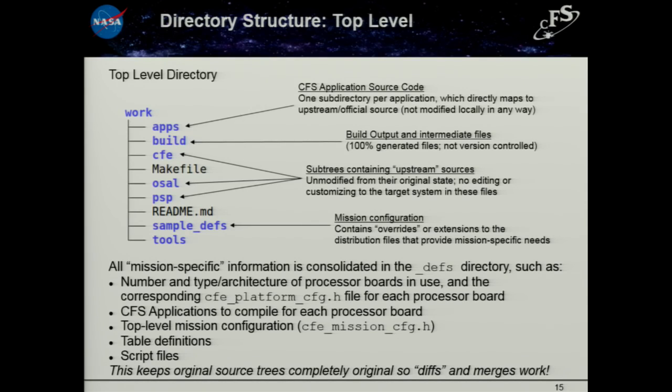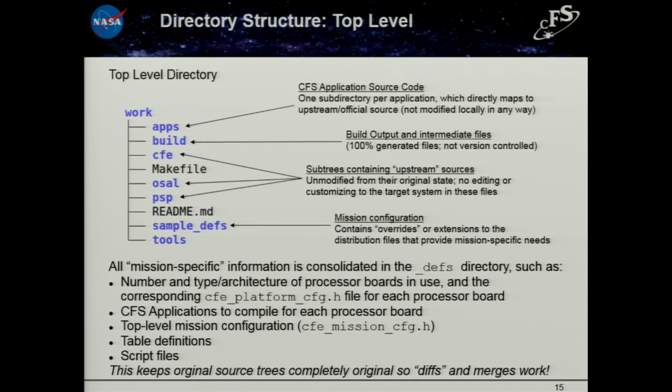And of course, you can diff if you happen to make patches. If you find a bug and you make any local modifications, those diffs will work. So you could submit patches to the upstream, whatever group is managing the application that you're using.